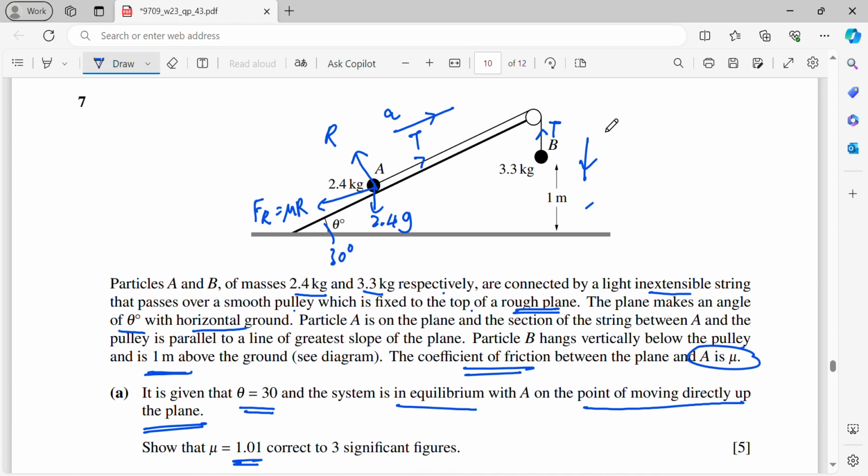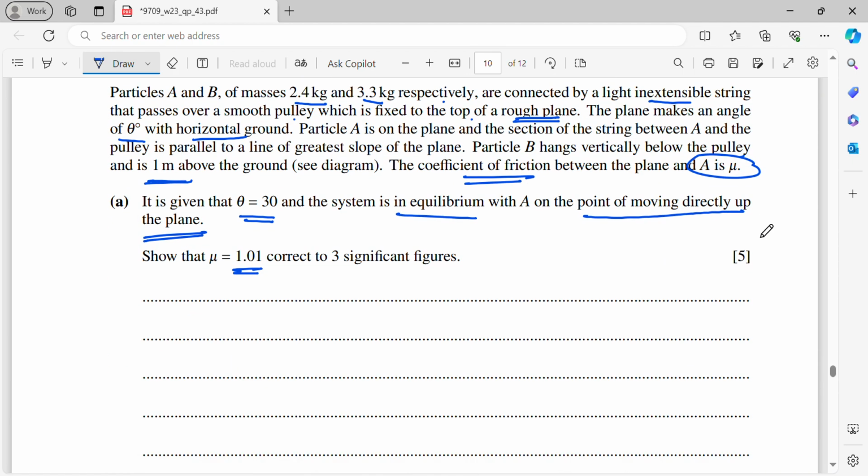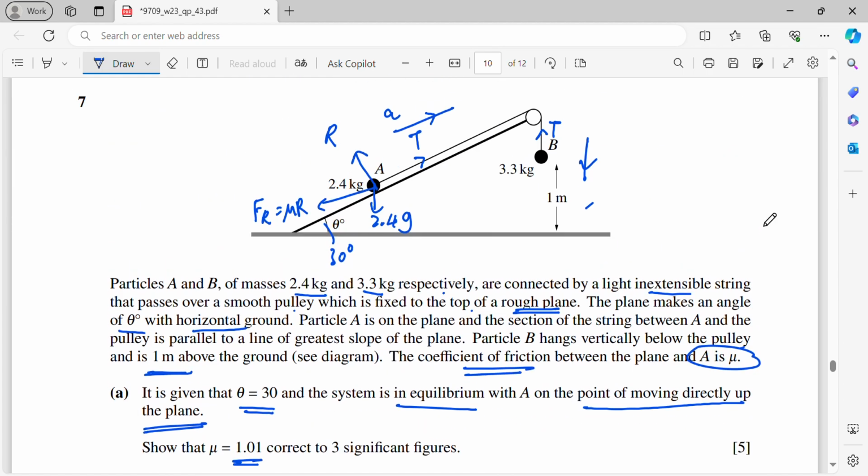So when I resolve, I consider B first, according to Newton's second law, F equals ma. So at particle B, you will have the weight of 3.3 G. So obviously 3.3 G minus T equals ma.